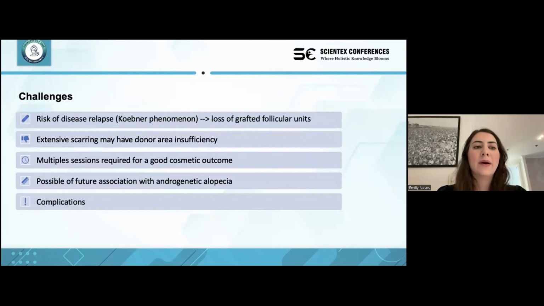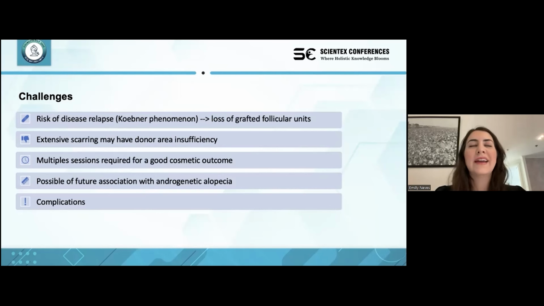Disease relapse is possible due to Koebner phenomenon, mainly in lichen planopilaris and frontal fibrosing alopecia, and it can result in loss of the grafted follicular units. The extensive scarring may have donor area insufficiency, and usually multiple sessions are required for a good cosmetic outcome.